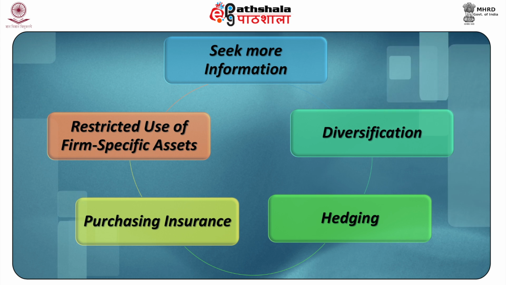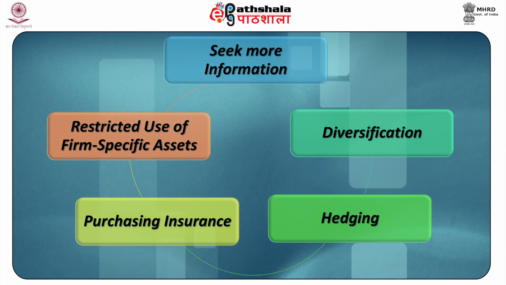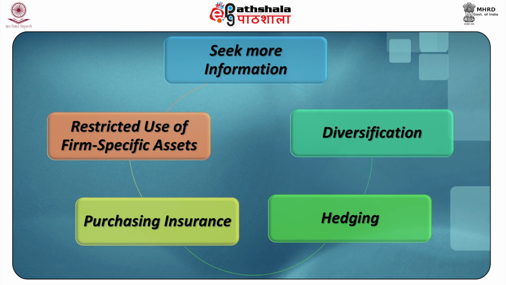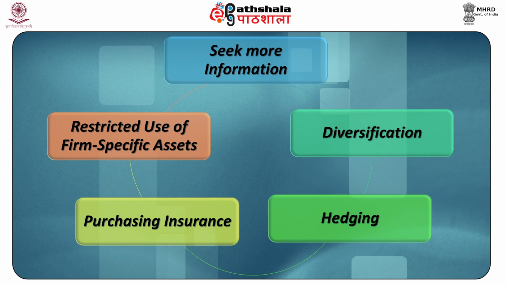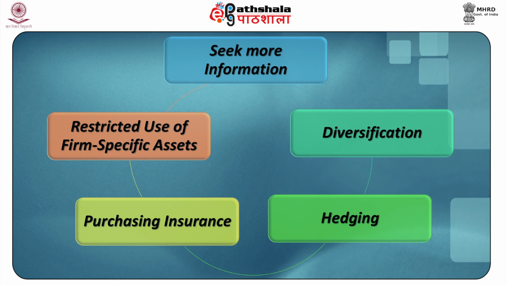Now the second option is diversification. Where the risk is diversifiable, investors invest in several diverse assets with differing levels of risk, so that on an average the risk is evened out. So diversification can be undertaken at the level of both the stockholders and the firm.